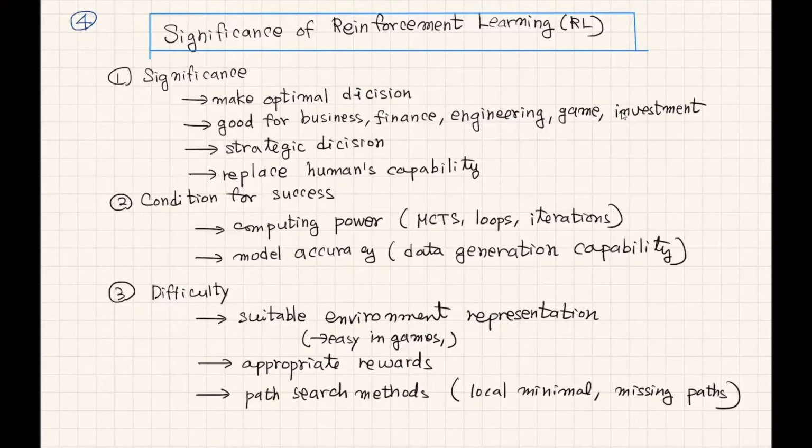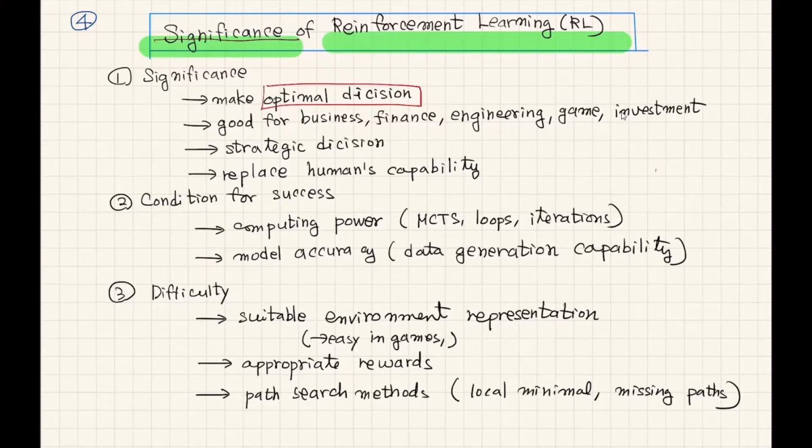Now, I'd like to talk about the significance of reinforcement learning. It is not unimportant. We don't need to spend this very precious time of May and June on this class if it's not. These are the things I really believe are why reinforcement learning is important. Number one is that it helps to make optimal decisions.